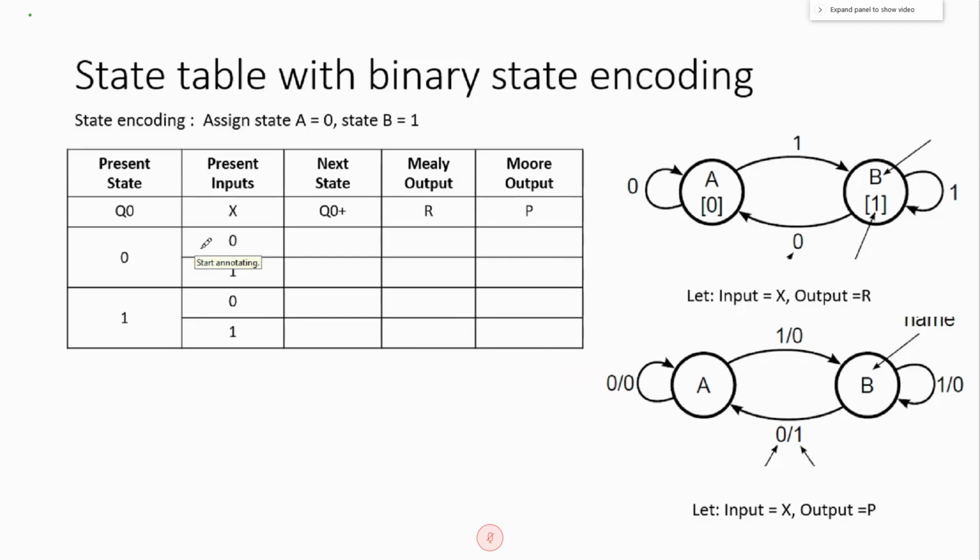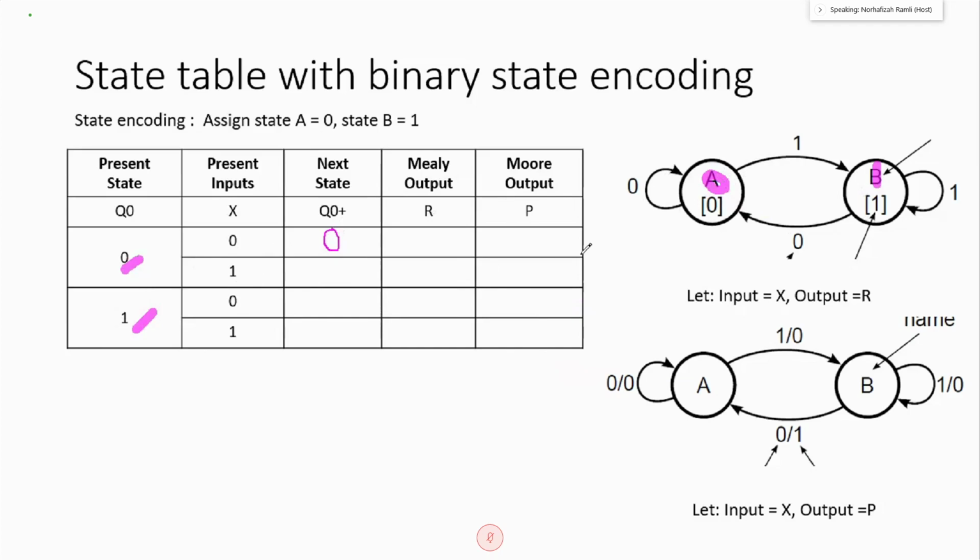Starting from here, this is state 0 and this is state 1. If your input is 0, it remains here, therefore this next state has to be 0.